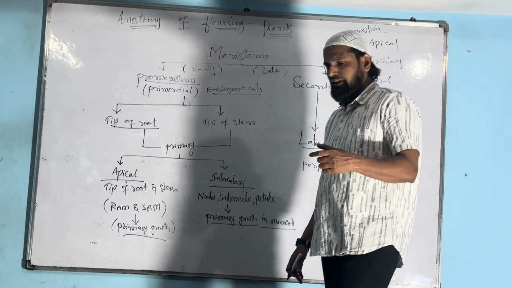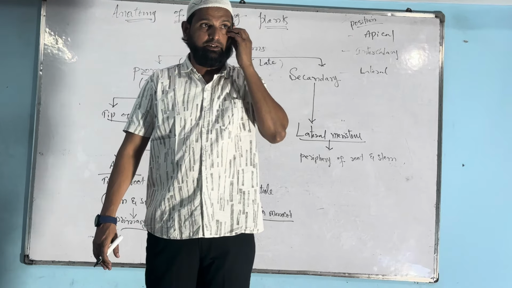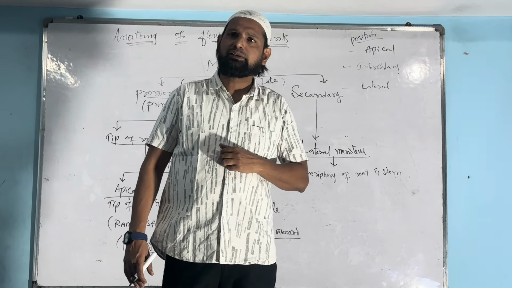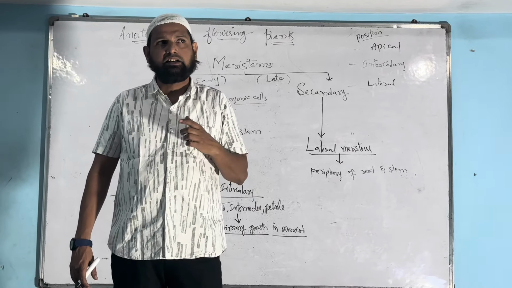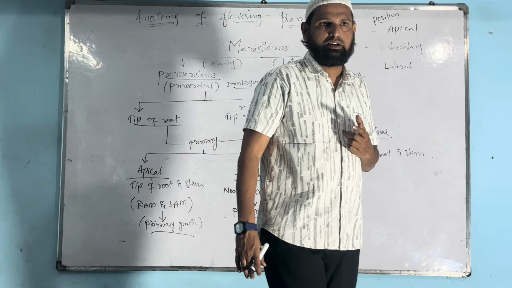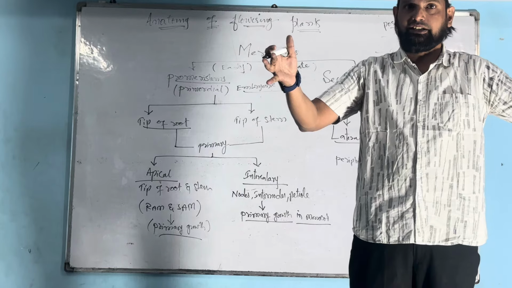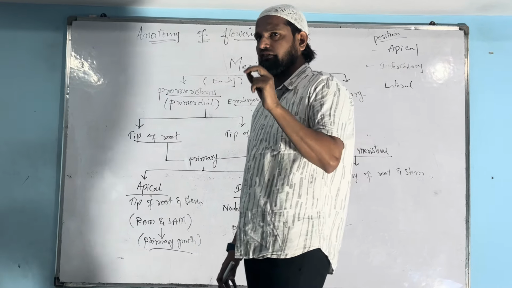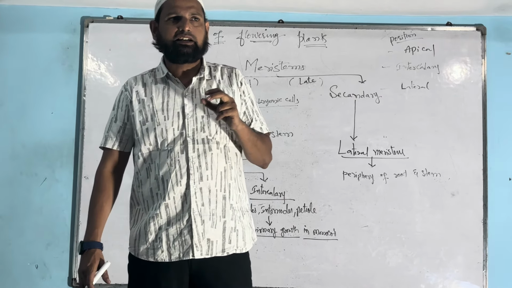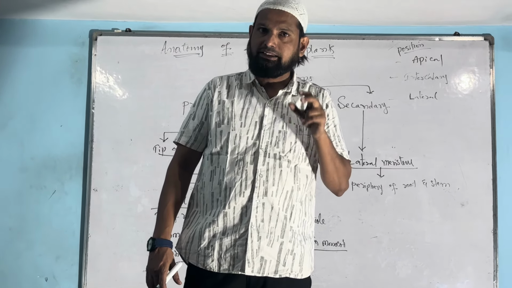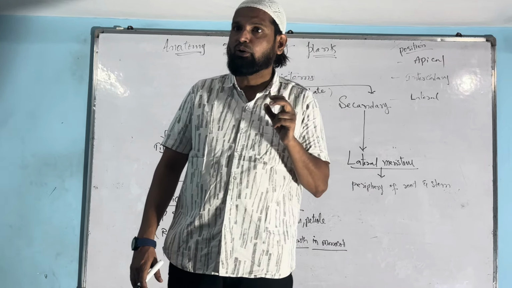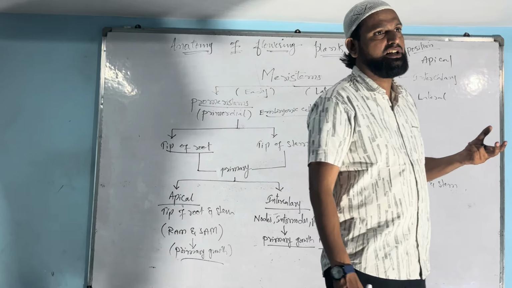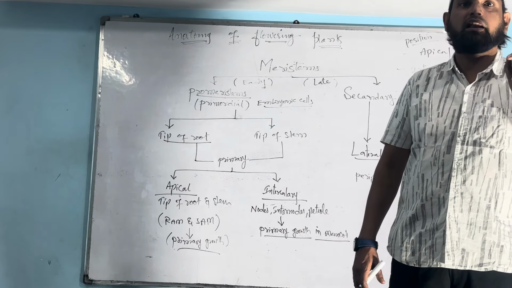If you take the example of monocot, the coconut tree. Coconut is a monocot. Sometimes we can think, sir, coconut is a monocot, but we are observing the secondary growth in that stem. So please always remember, the secondary growth which occurs in that monocot is not the normal growth. That one is called abnormal secondary growth, and abnormal secondary growth is called anomalous.